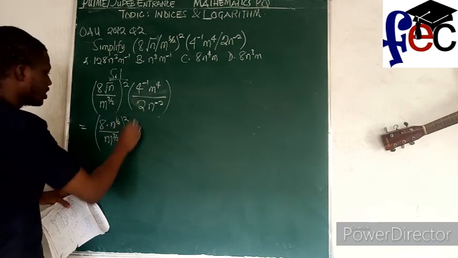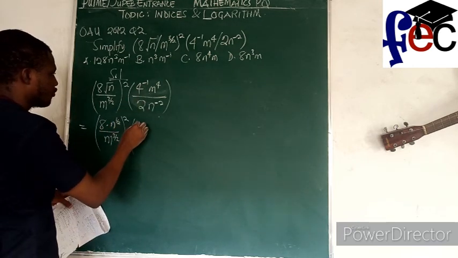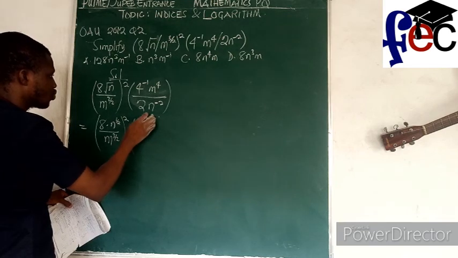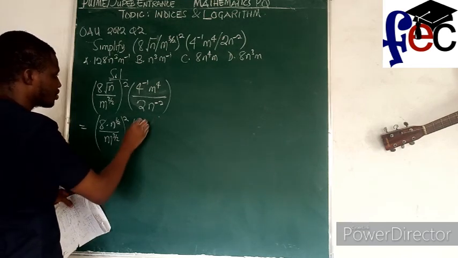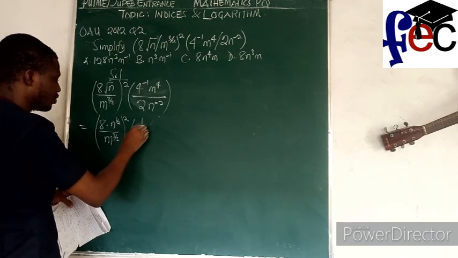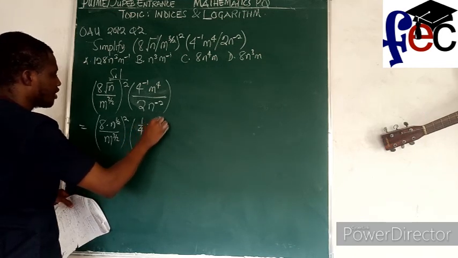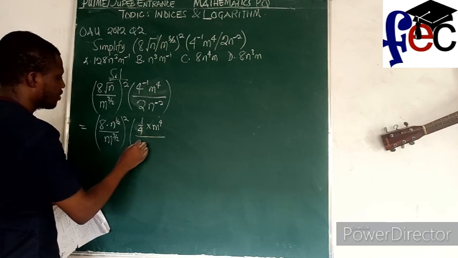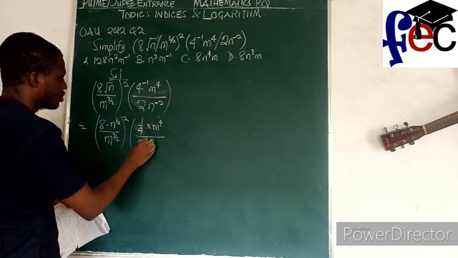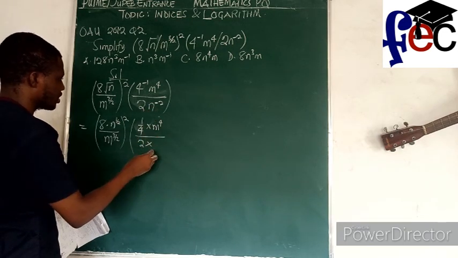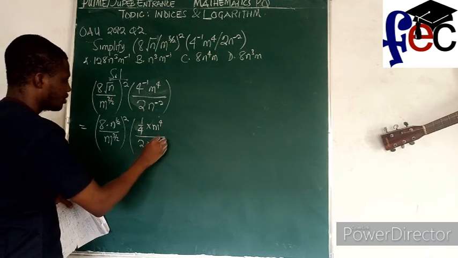Then 4 raised to power minus 1 is the same thing as what? 1 over 4. I hope you know. Then multiply by m raised to power 4 divided by what? 2 times this one is the same thing as n raised to power minus 2.